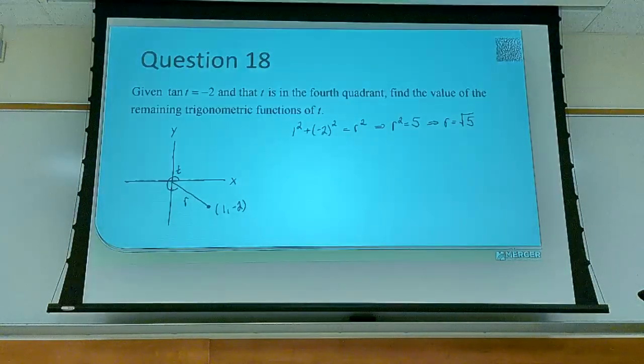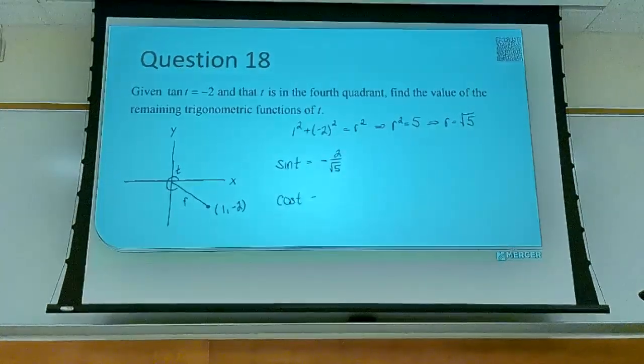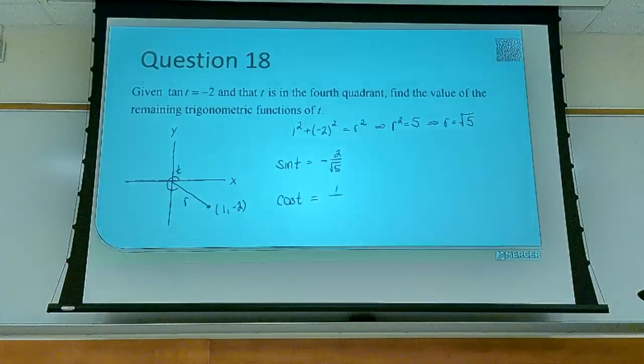Now that we have r, we can find all the trig functions. Sine is y over r, so negative 2 over square root of 5. Cosine is x over r, 1 over square root of 5.